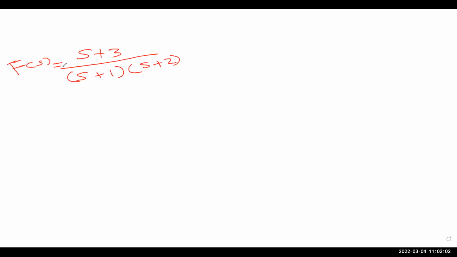You can call it whatever you want. Why do we need the Laplacian domain? It's much more convenient for us to do certain processing for our system in the frequency domain. It's much easier, and most of the theories that we use are valid inside this frequency domain. You can, of course, do all this in the time domain as well, but it's much easier to do it in the frequency domain.